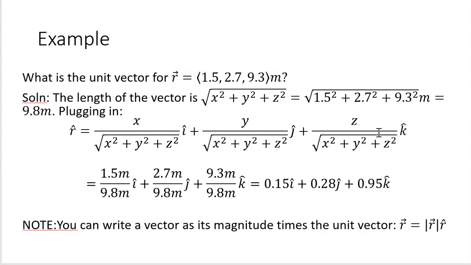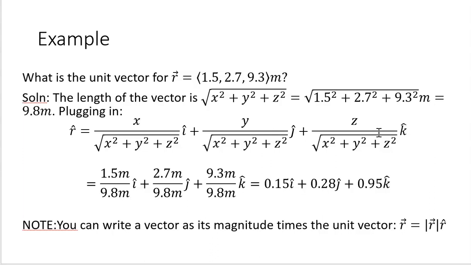So that would be the square root of 1.5 squared plus 2.7 squared plus 9.3 squared. When we're all done taking our square root, the units are still going to just be meters, so that's why I put the meters on the outside. I just didn't want to write m 3 times. So when we plug it into our calculator, we end up with 9.8 meters if I just keep 2 significant figures.